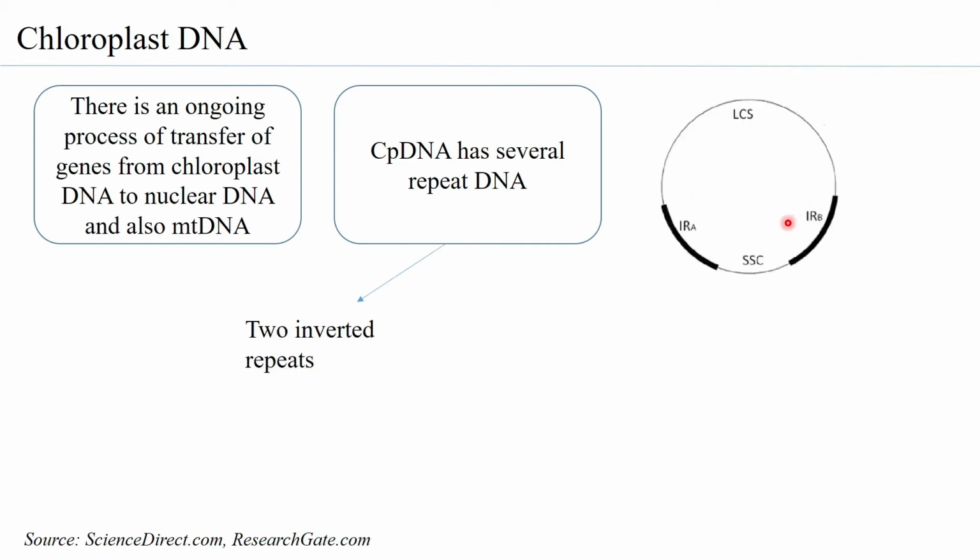So, for example, what is observed is that you have an inverted repeat A and an inverted repeat B. When you say inverted repeat, what does it mean? This sequence is this side and this sequence is this side. So, the sequence is not the same side, the sequence is inverted. And interestingly, the positioning of the inverted repeats are such that you have a long single copy and you have a short single copy.